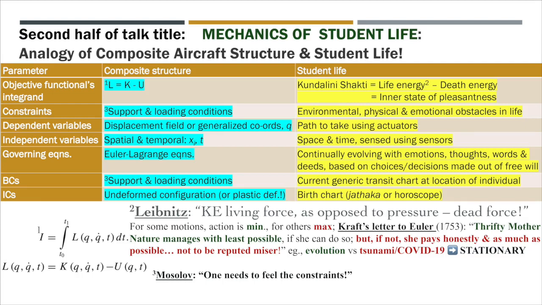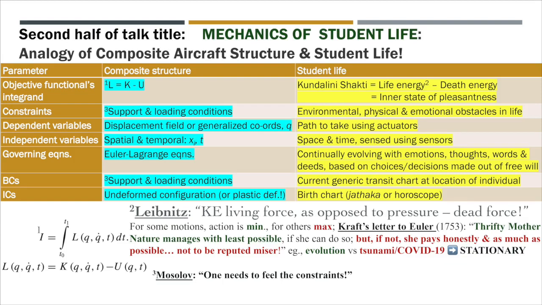Now, if you look at the student life, the kinetic energy is nothing but life energy, whereas the potential energy is something that you have inside, but you're not utilizing it. That's basically death energy. So life energy and death energy. Life and death are two sides of the same coin. You cannot separate them. You cannot see them separately.